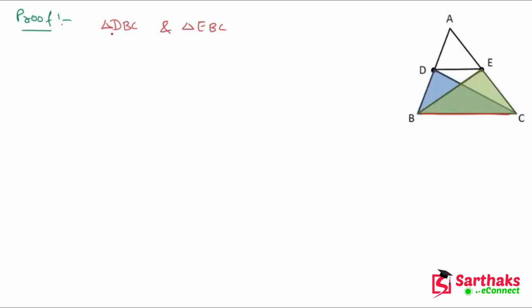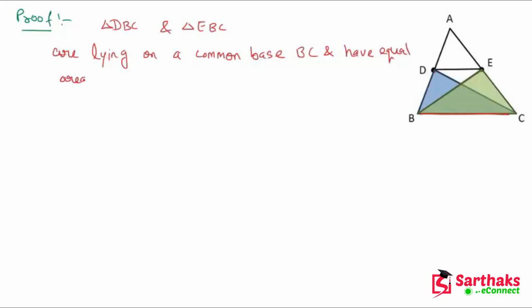So we can write: triangle DBC and triangle EBC are lying on a common base BC and have equal areas, and they lie between the lines DE and BC.